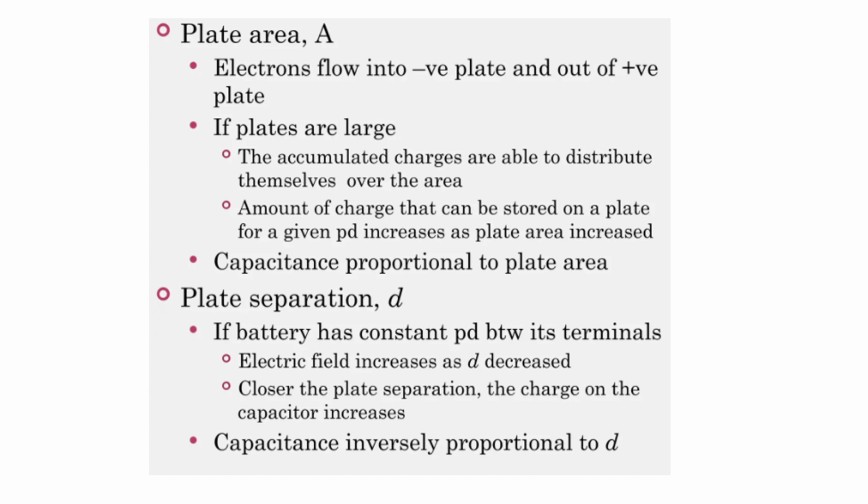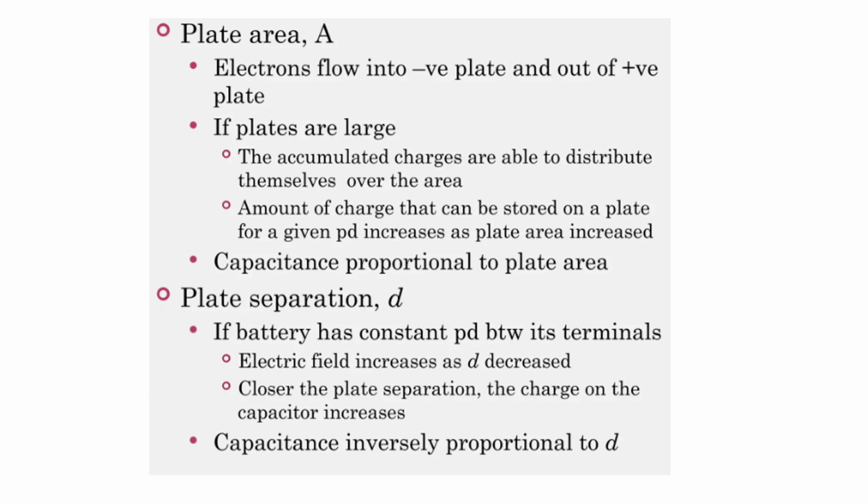If the plates are large, the accumulated charges are able to distribute themselves over the area. The amount of charge that can be stored on a plate for a given PD increases as plate area increases. The capacitance is proportional to the plate area. The plate separation D: if the battery is constant, it has constant PD between its terminals, and the electric field increases as you make the distance shorter.